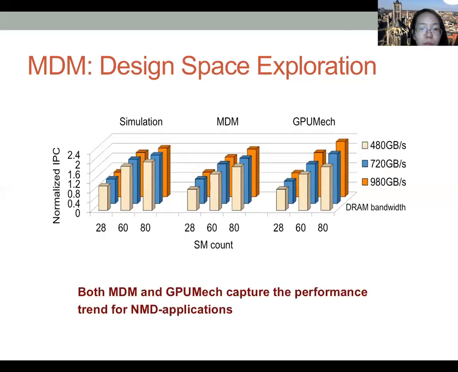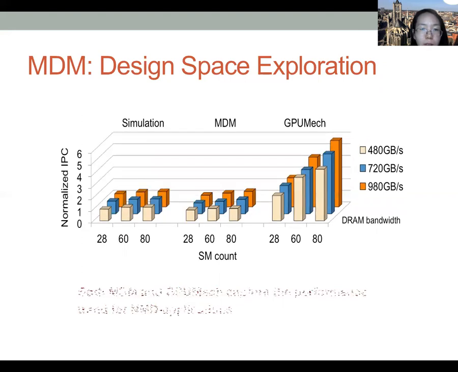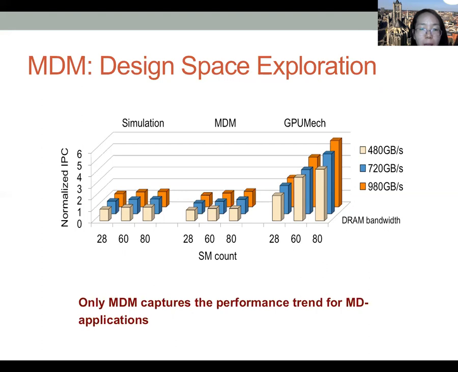We find both GPU-Mech and MDM can capture the performance trend for non-memory divergent applications. However, it's not the case for memory divergent applications. As shown in this figure, GPU-Mech overpredicts the performance speedup with more SMs and memory bandwidth. In contrast, MDM can capture the performance trend accurately.